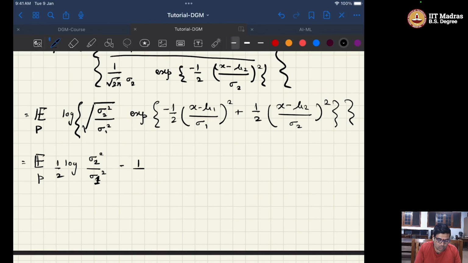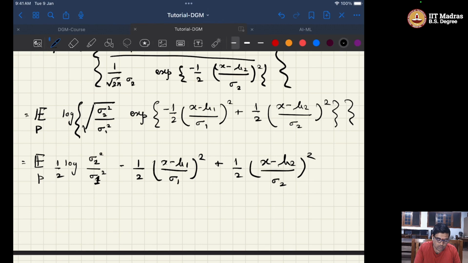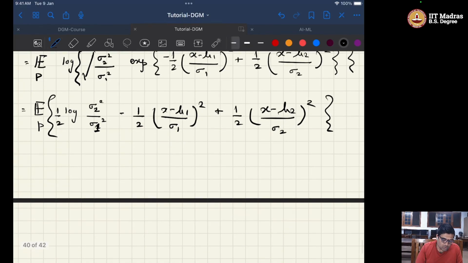Now this is minus half x minus mu1 divided by sigma 1 whole square plus half x minus mu2 divided by sigma 2 whole square, all of them inside the expectation. Now you can immediately see that we should take half as common factor. In our notation, I'm using capital P. I should keep my notation consistent.